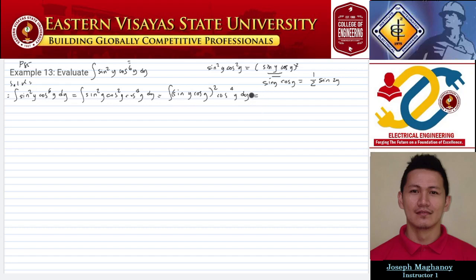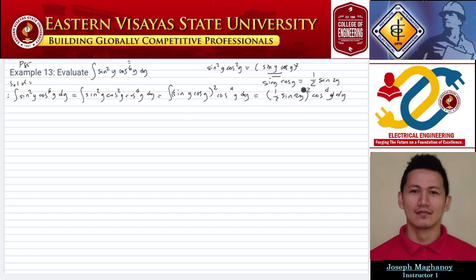So that is quantity, instead of sine y cosine y, we replace it with 1/2 sine 2y. Close, then still your power and your remaining cosine raised to 4y dy.